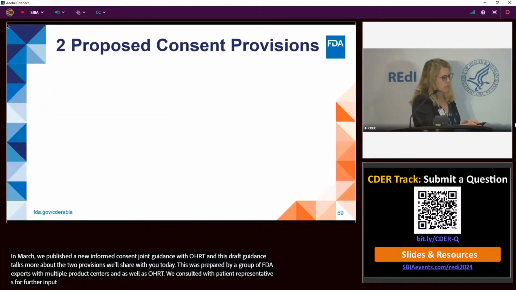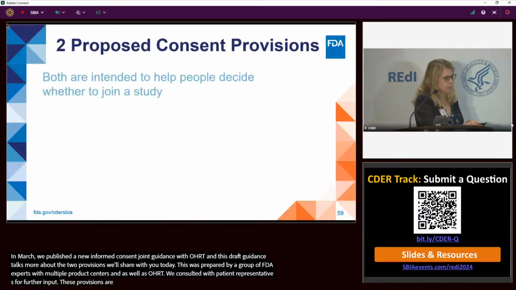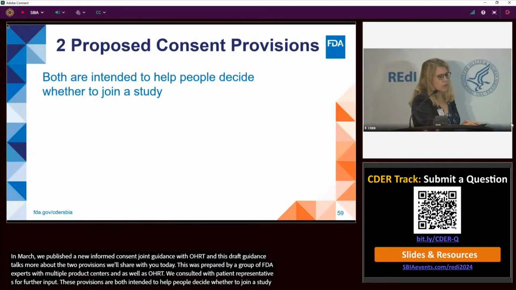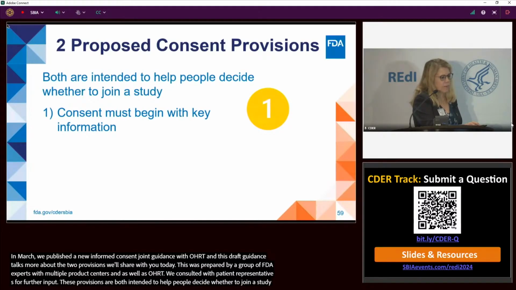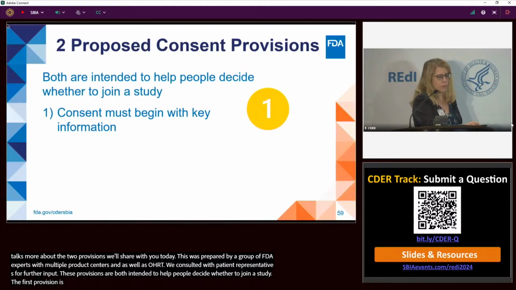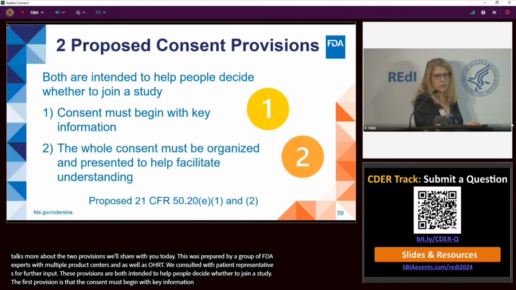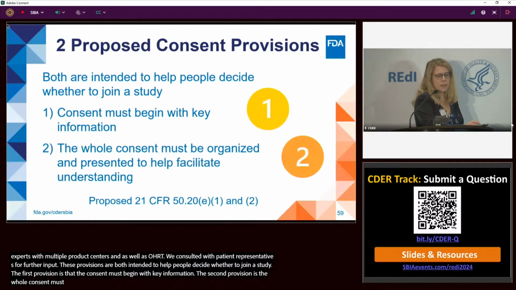These provisions are both intended to help people decide whether to join a study. The first provision is that the consent must begin with key information. The second provision is that the whole consent must be organized and presented to help facilitate understanding. These both will help people determine whether they want to join a study.